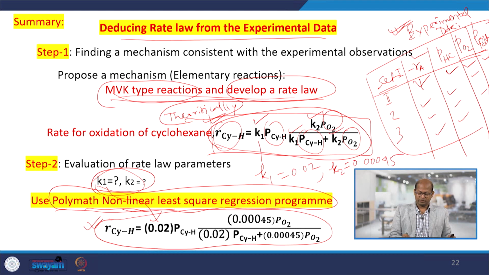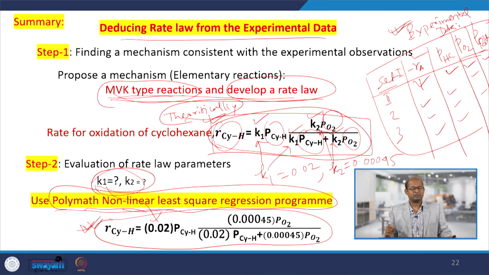So, we can substitute the K1 and K2 values here, and then the rate equation would become like this. If it is fitted well, then only we can accept this. If it does not fit, then we have to reject this model.